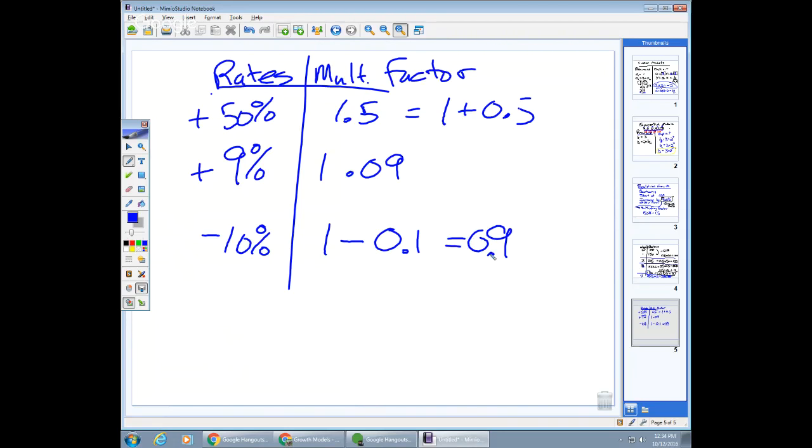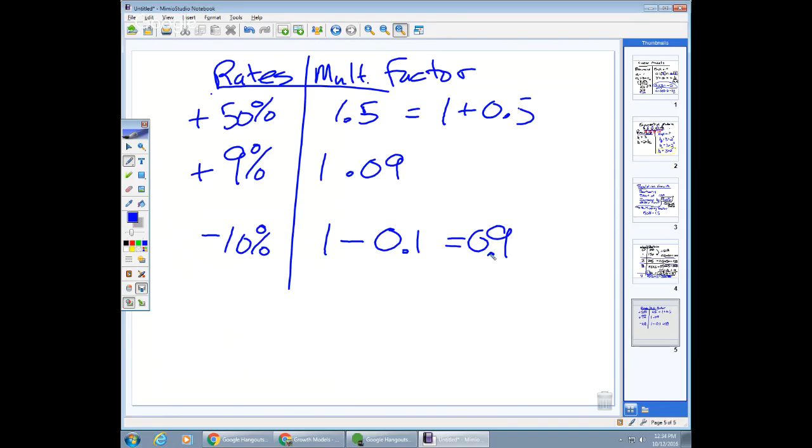Can anybody think of some other circumstances we might have a negative growth rate? Homes can depreciate. Yep, sometimes they appreciate, sometimes it depends on the market. That's a good example. Okay, other things? How about money?